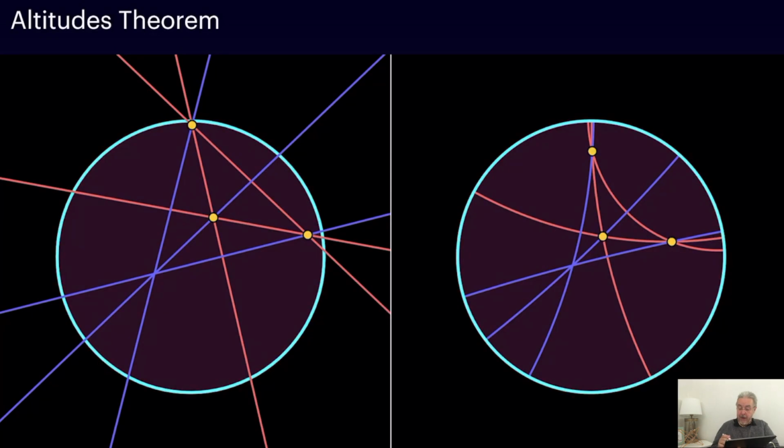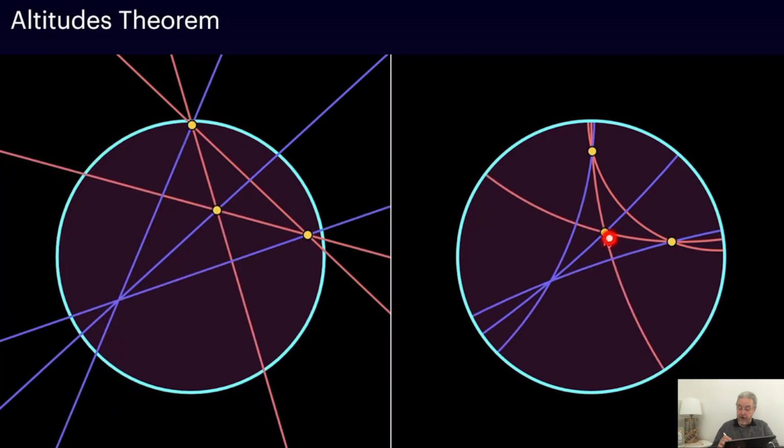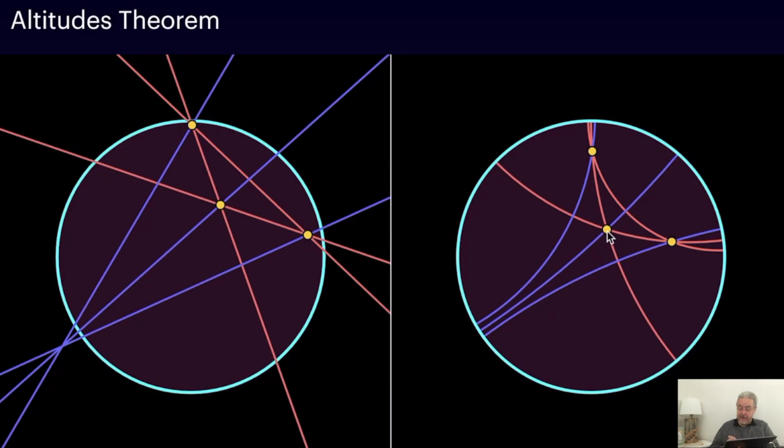I move that point even a bit closer, and what you see, the altitudes no longer intersect. Or do they? Well, in a sense, if you look in the Poincare model, they still intersect outside our picture. So if I restrict myself to the universe inside this hyperbolic plane, then it may happen that the altitudes are lines that don't intersect in my finite world.